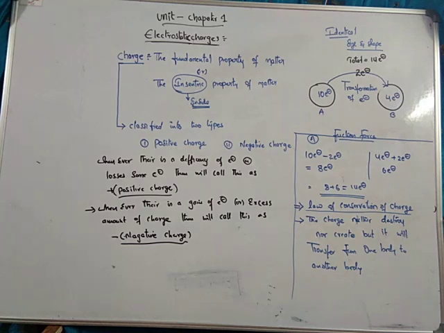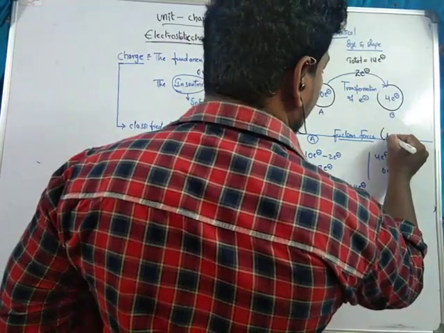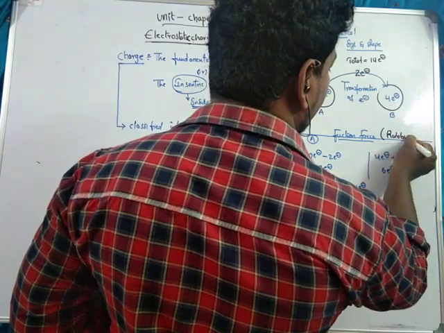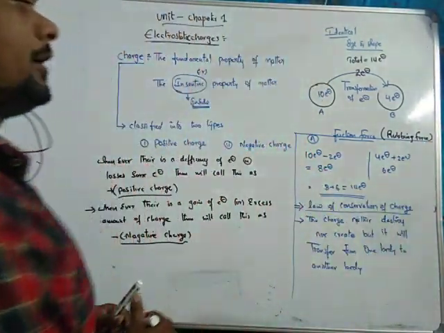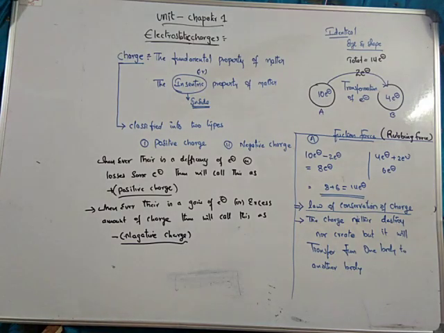Now, before the process we have 14 electrons. Now we are applying some frictional force, that we also call a rubbing force. Whenever we apply some rubbing or frictional force, there is a transfer of electrons. In that example, we consider 2 electrons are transferred from 10 to 4.